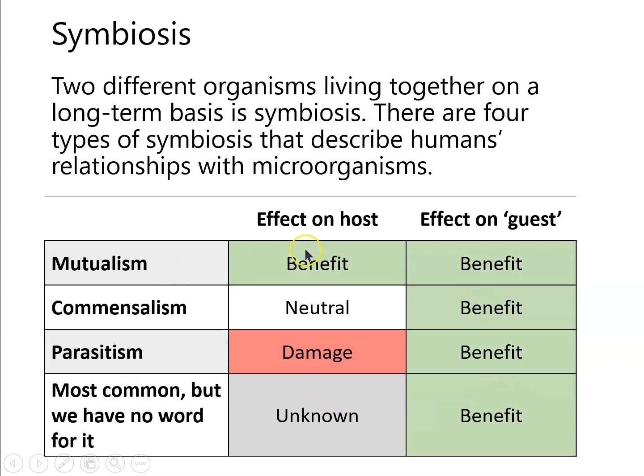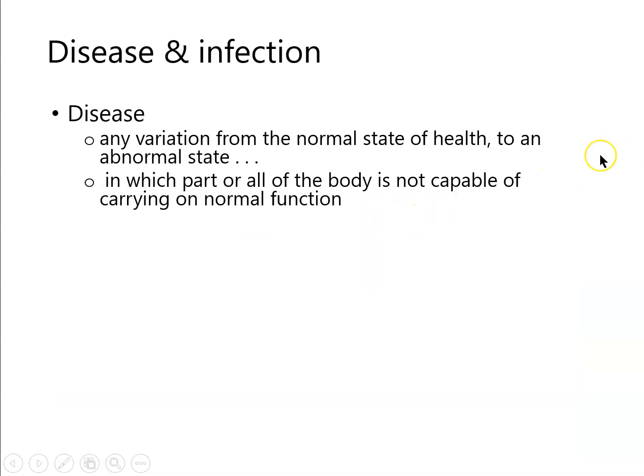So, as we look at the human microbiota, first, we're really going to be seeing a lot of mutualism and probably some commensalism and this unknown situation. So we'll get there in a minute.